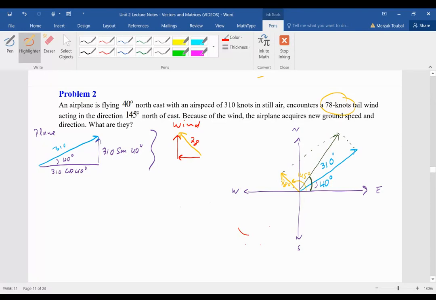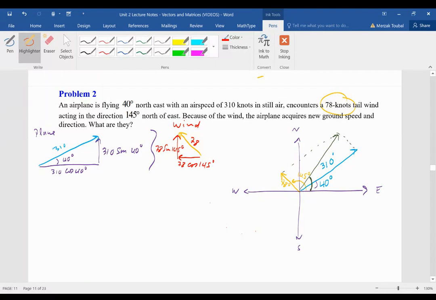We don't have to find this small one. That idea goes back to trig, so if we need to review that, we can do that. For the horizontal component, it's going to be 78, which is the magnitude, multiplied by cosine of 145. And the vertical component is going to be 78 times sine 145.